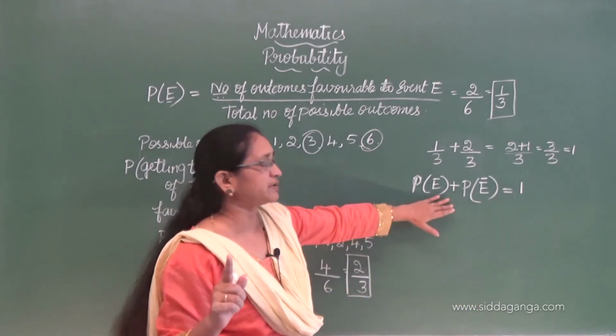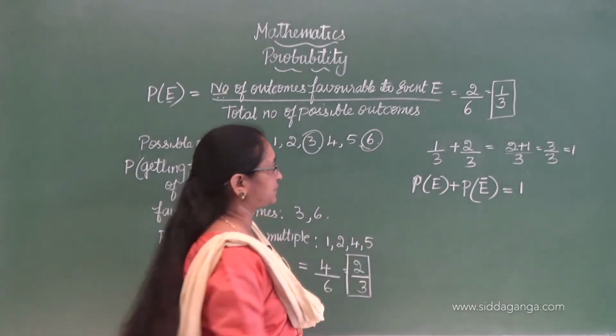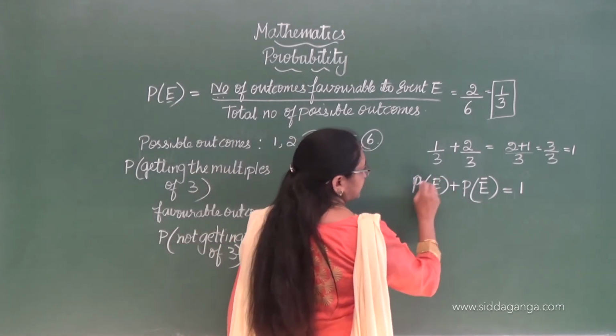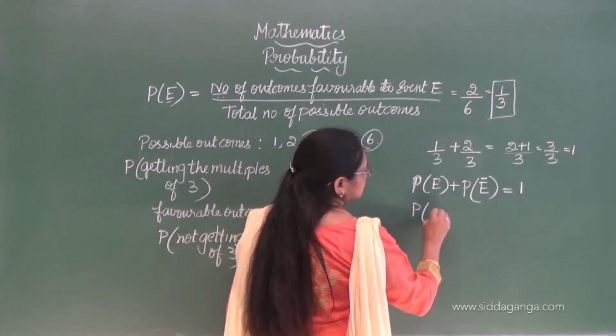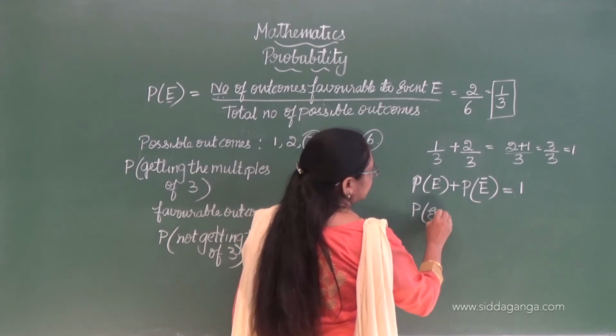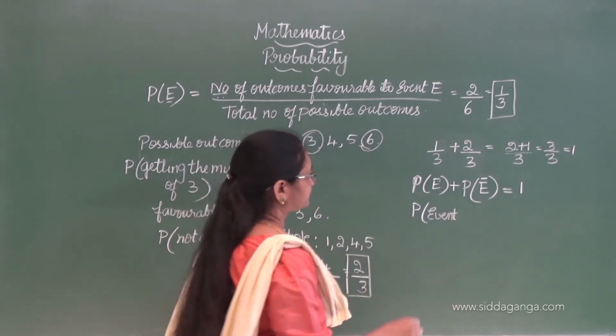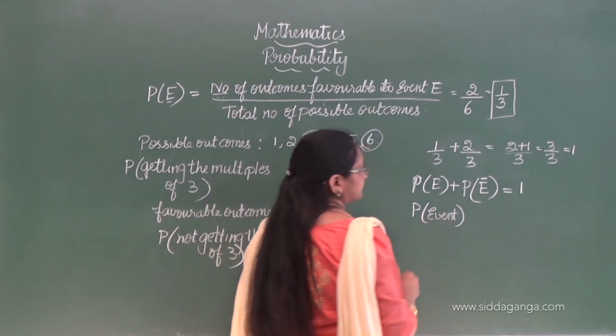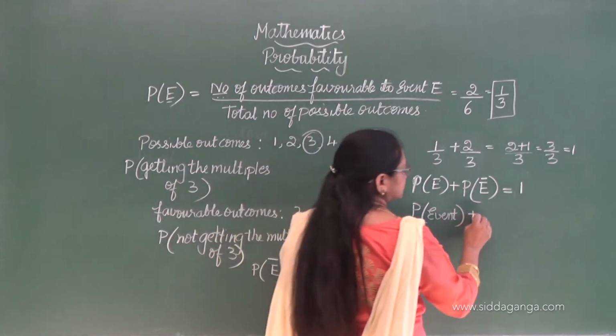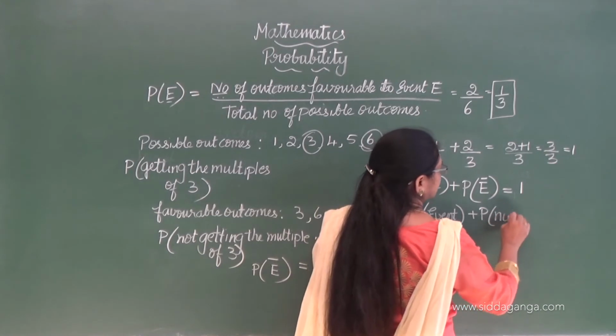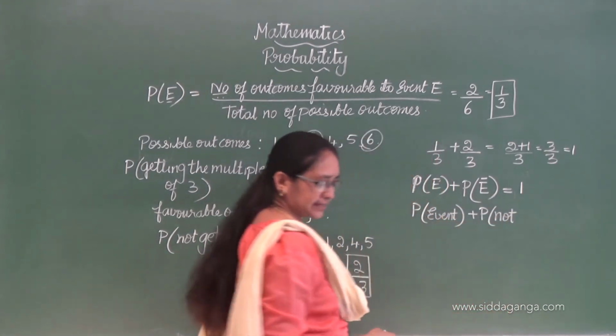So this is very, very important. This formula is very, very important. You can write this as P of event plus P of not an event.